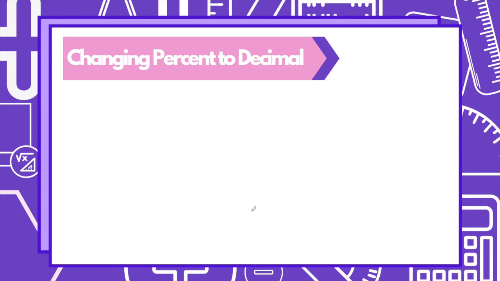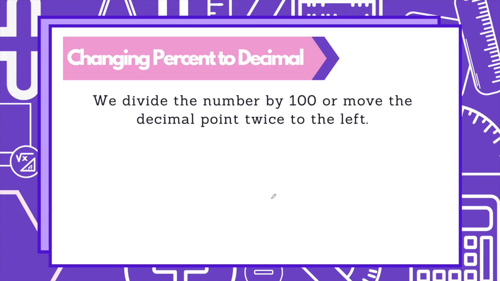As for changing percent into decimal, earlier we multiplied by 100 or moved it twice to the right. In this case, we only need to do the opposite. So instead of multiplying, we divide by 100 or we move the decimal point twice to the left. For example, I have 2.3%.